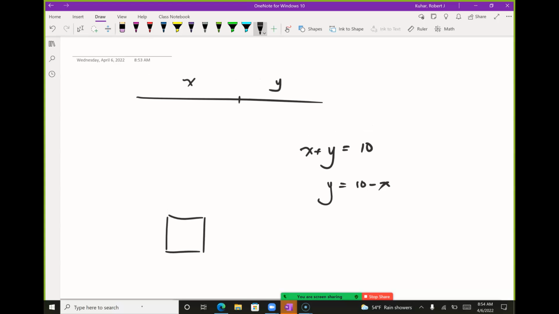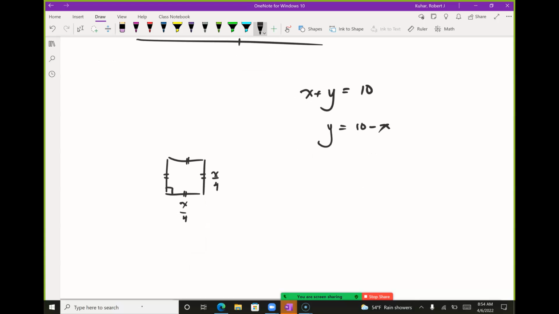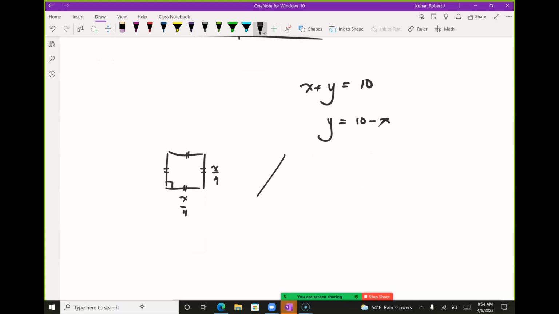This was 4.6, number 25. It is your homework, so please finish it. So I have sides of X over 4, and an equilateral triangle with sides of Y over 3.